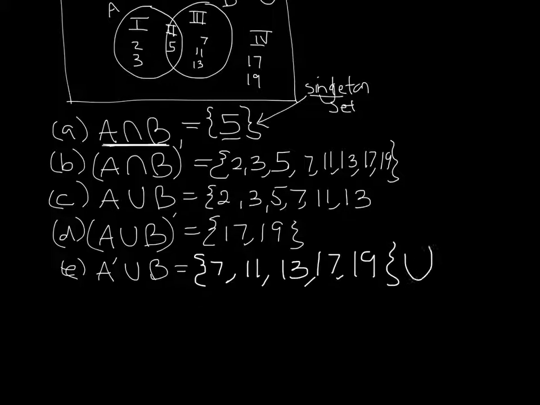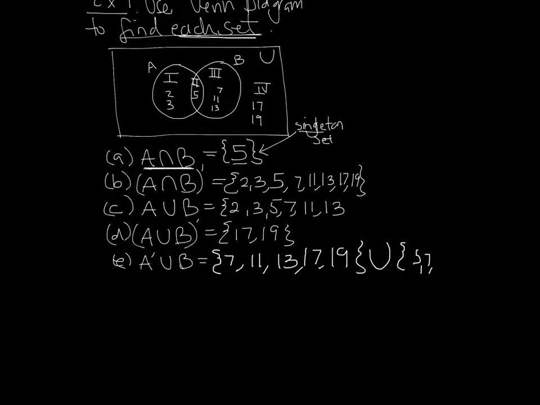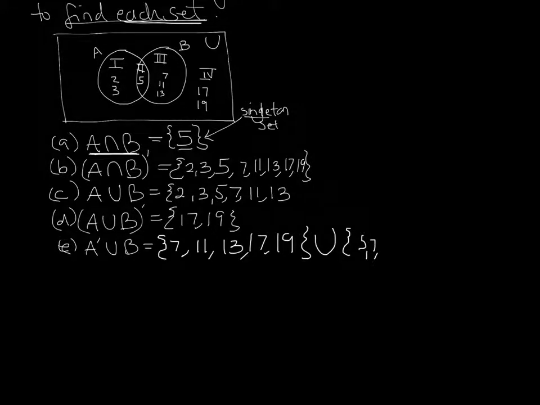And union B, so let me write B. B is 5, 7, 11, and 13. This guy is my B. So what's A prime union B?